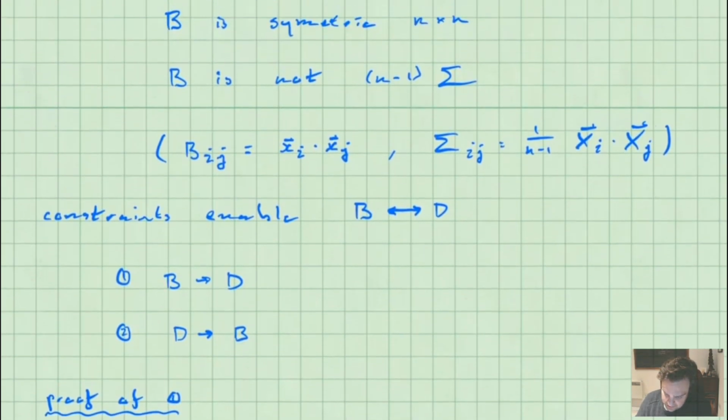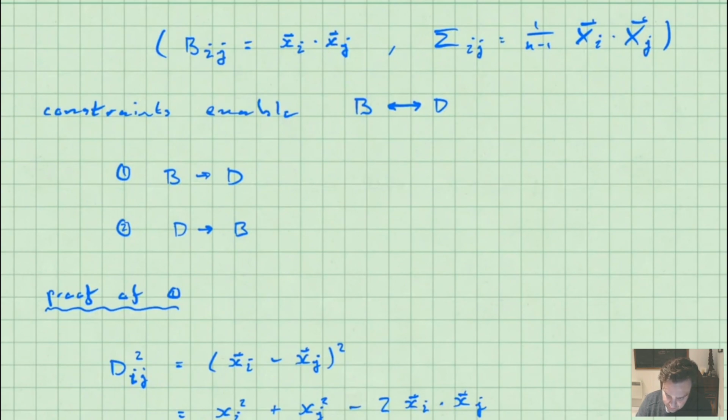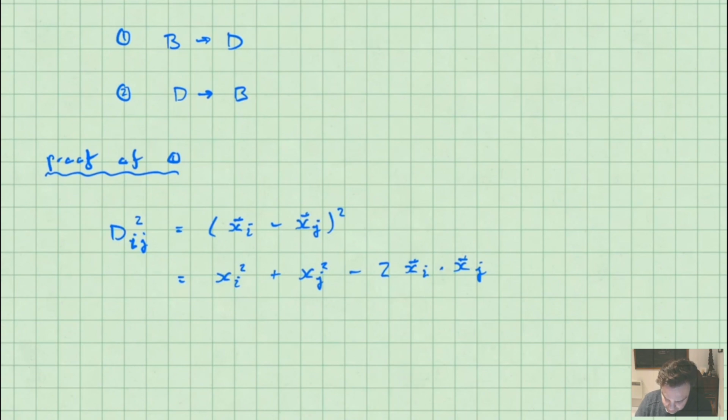If you look back at how B was defined, Bij is the dot product of xi and xj. So xi squared is the dot product of xi with itself, that's Bii. Xj squared is Bjj. And this last term is minus twice Bij. That's how, if you were given the B matrix, all those dot products, you would make D. Again, that's not particularly interesting, but it's easy to show.